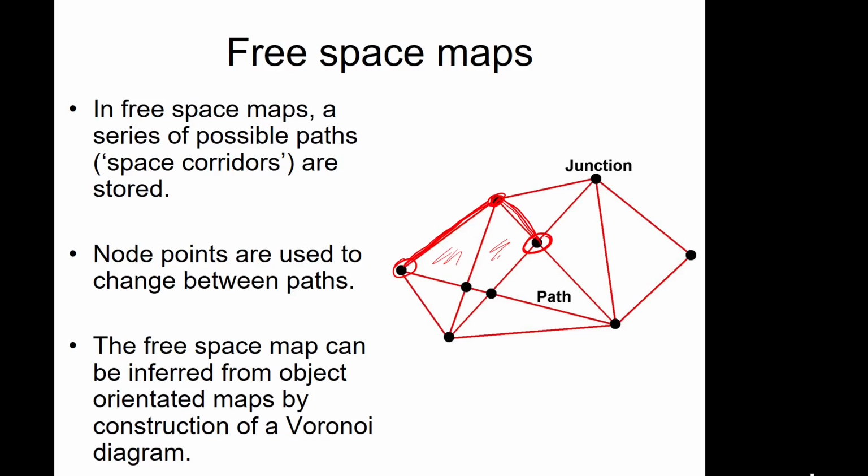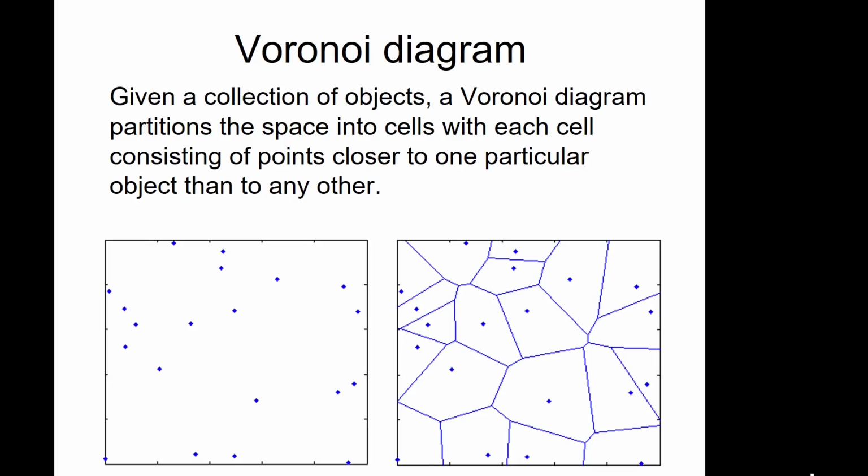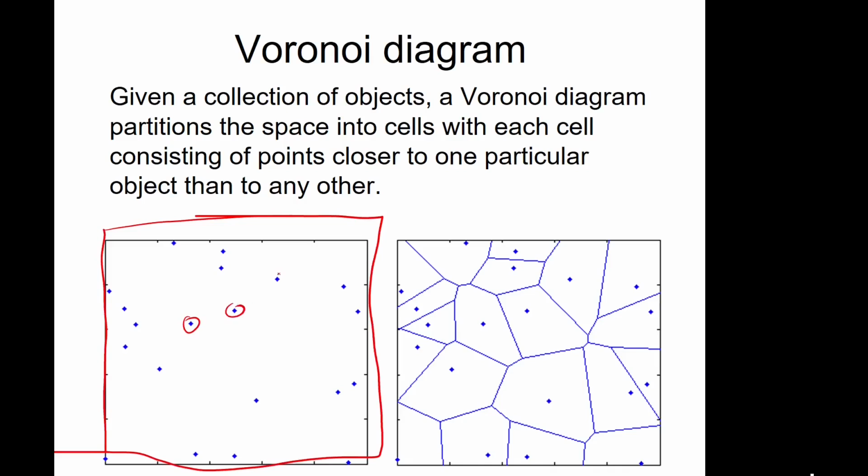Now we can construct these space corridors from our object maps. We can do that by what's called construction of a Voronoi diagram. What a Voronoi diagram does, given a certain area, this one, which has got objects in here, an object, object, object, is divide that area into smaller areas, and each area corresponds to a location on that map that is closest to that object.